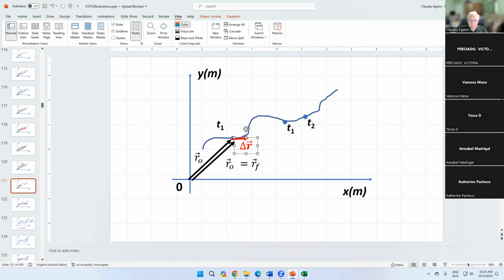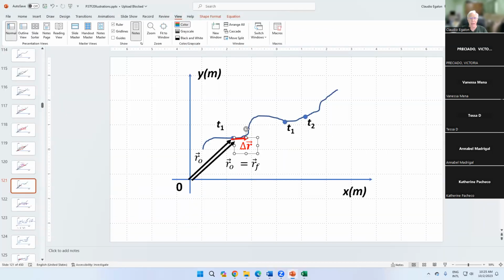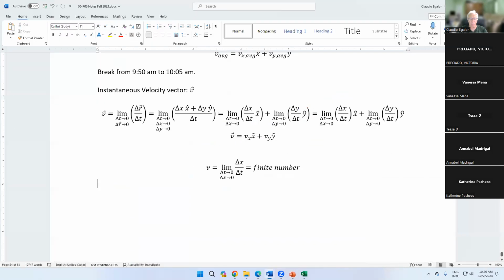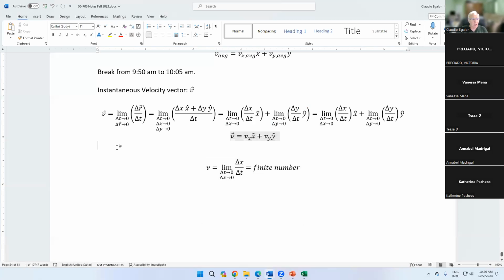Okay? Remember, that's a graphical way of visualizing that, right? But the mathematical way of visualizing that would be to look at the tangent of the angle that the instantaneous velocity vector makes with this path, right?